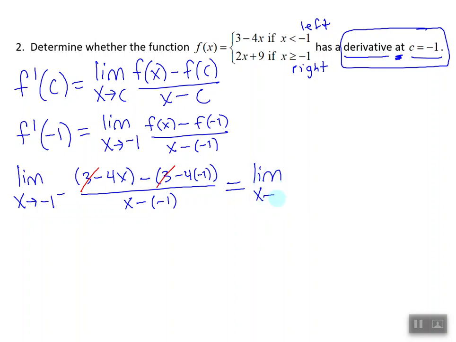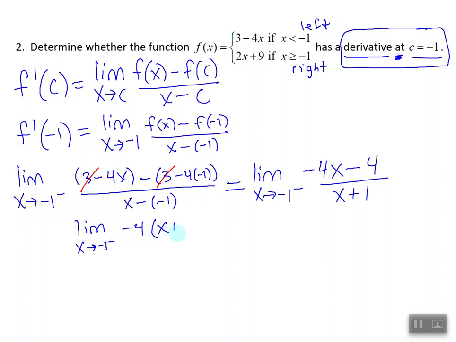Limit x goes to -1 from the left of -4x minus 4 over, and of course that can be simplified to x plus 1. I notice I can factor here, so this becomes the limit as x approaches -1 from the left. Take out the -4, and we're left with x plus 1 over x plus 1. The common factor divides out, and our limit from the left is -4.